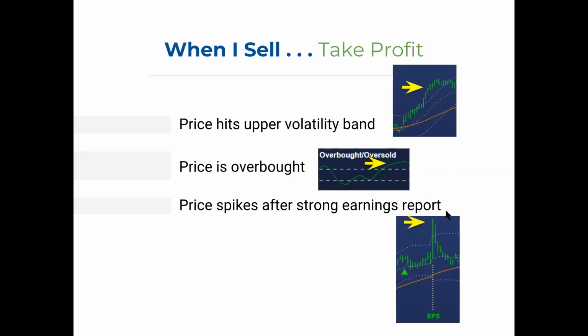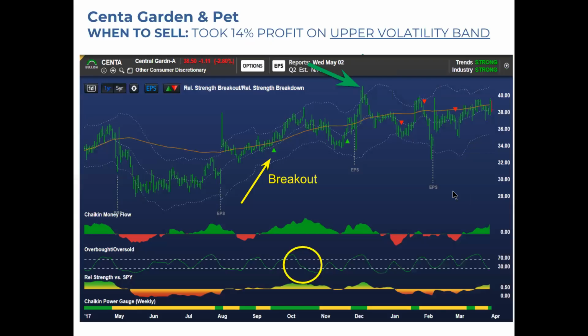Or the price spikes up after a strong earnings report. And this we haven't talked about, but that's why that earnings component can be so valuable when you break it down on the power gauge rating. If you can anticipate a stock that has a really strong earnings component and is going into earnings, there can be a strong potential for that stock to exceed the analyst expectation and spike up.